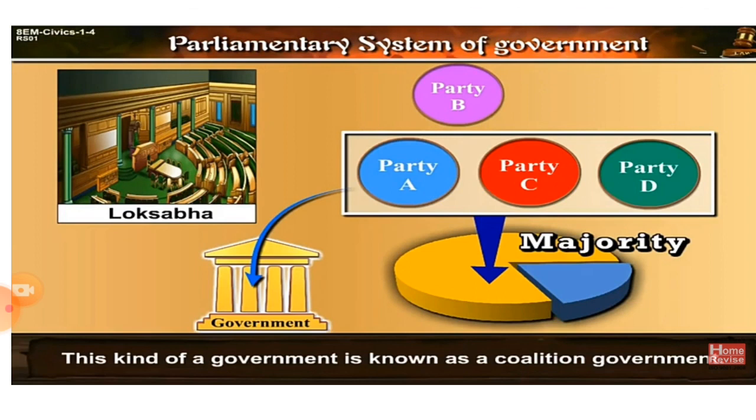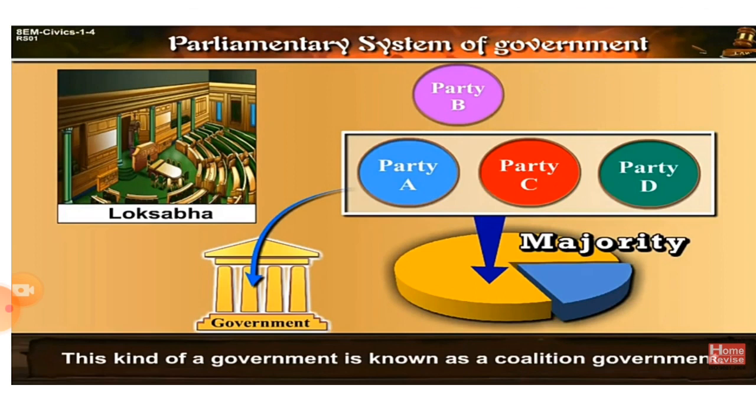My dear students, see here, parties A, B, C and D are mentioned, but party A, party C and party D come together to form their majority and establish the government. Such a government is known as a coalition government.